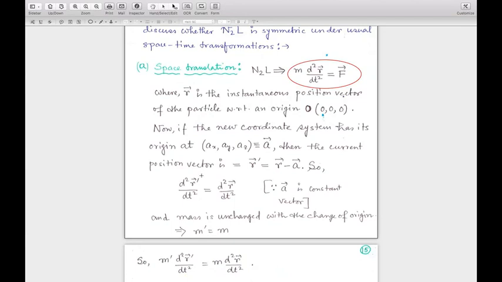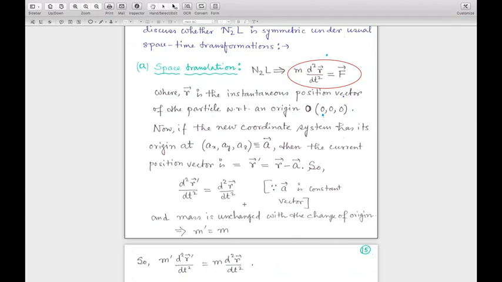Right? Now you have this relation, which is always true because a is a constant quantity. So if you differentiate this r prime once or twice with respect to time, then you simply have this equality always.